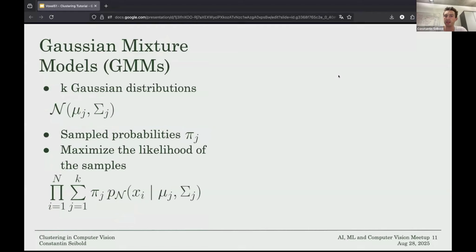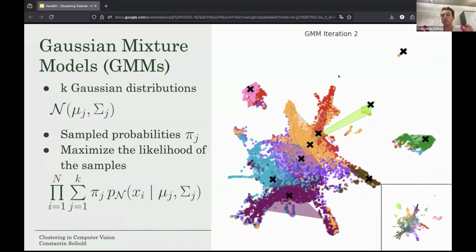Then we now move to Gaussian mixture models, which is a similar approach to k-means, also using expectation maximization with Lloyd's algorithm. We try to basically fit these data points onto a mixture of Gaussians to better define the shape of the individual clusters.